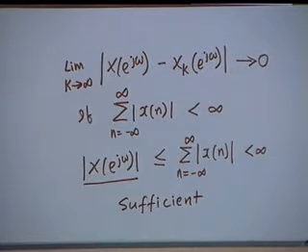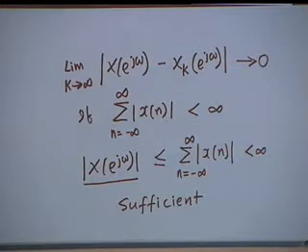How do you prove that it is sufficient? There are sequences which are not absolutely summable, but their Fourier transform exists.